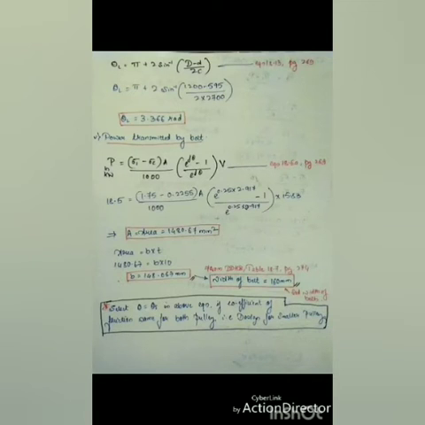So the next step is to find the power transmitted by the belt. This expression you can observe in the data handbook, equation number 18.6a. The power is already given in the question, 18.5 kilowatt, sigma 1 is also given as the allowable stress, 1.75 MPa, and sigma c, the centrifugal stress, you have calculated.